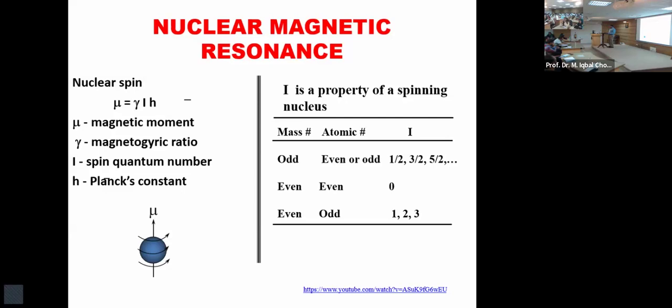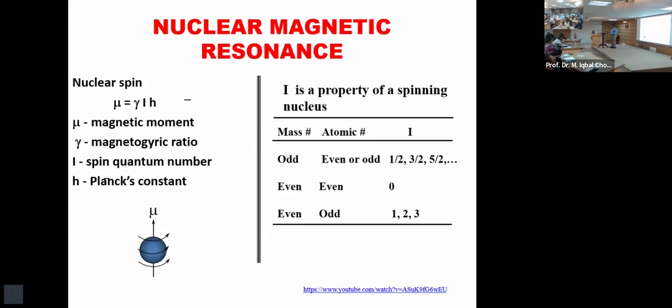So for NMR active, very simple thing: NMR active nuclei fundamentally are the ones which contain either neutrons or protons as an odd number. Either the atomic mass number is odd or the atomic number is odd. Either protons are in odd number or neutrons in odd number.